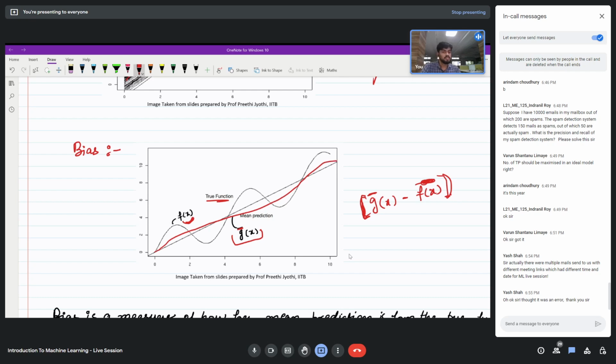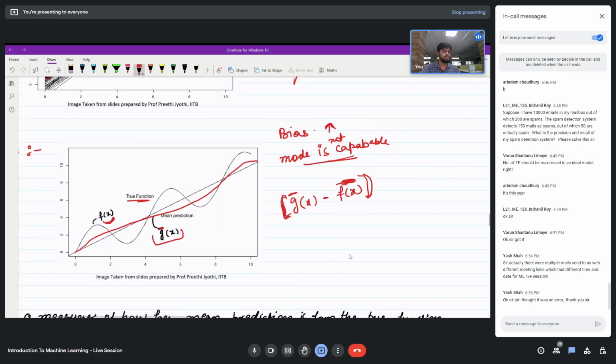So if your bias is high, so if you are getting a large difference between your mean function and true function, what you should know is that your model is not capable enough to approximate these data points, like to fit to these data points. This is called underfitting.